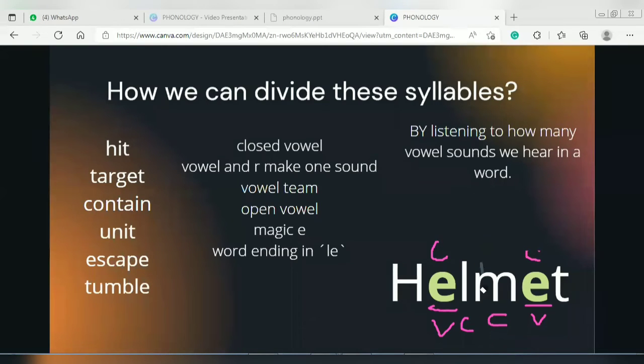So in these syllables we also have some rules. When we have a closed vowel sound, this closed vowel sound is converted when we have a consonant sound near this vowel sound. For example, in this case we have one vowel, and this is one syllable. We have a short vowel because we have the consonant there.